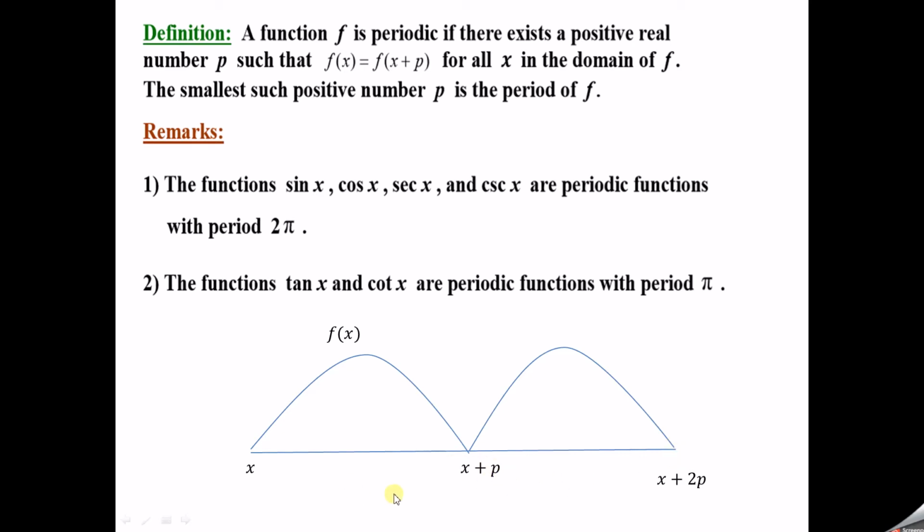So after a length of p, the function values are repeating. Function value at x is same as function value at x plus p is same as function value at x plus 2p and so on. Then we say this function is periodic of period p. That means the function values are repeated even though x is changed by a length of p.